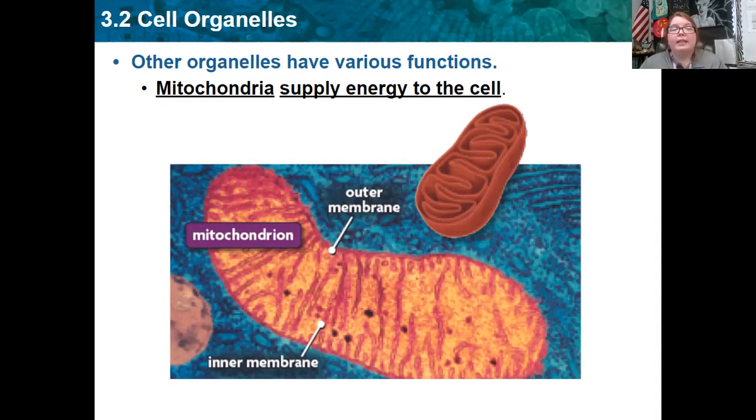A little more detailed is they're breaking sugar down into something called ATP. ATP is the universal energy currency. All cells accept ATP, they know what that is. And the mitochondria is able to break down the sugars we eat into that energy, into that ATP.